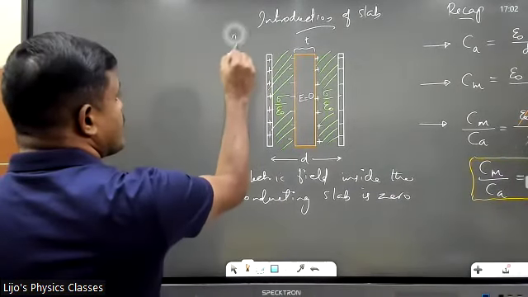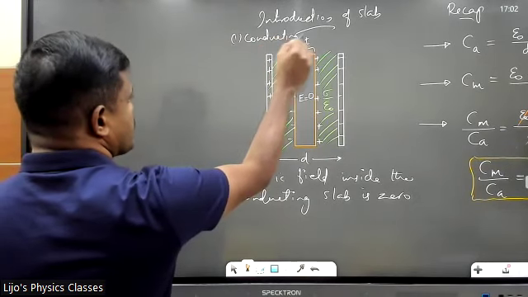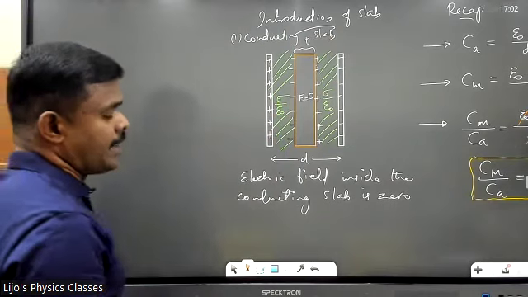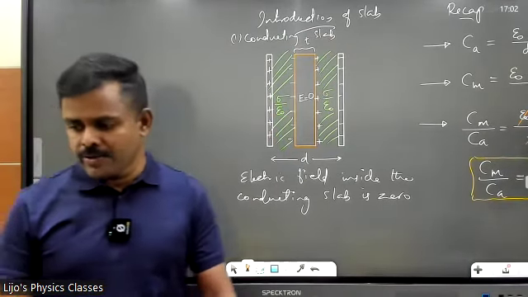Oh, I forgot to put conducting slab. It is in fact a conducting slab, like copper, iron, gold, silver. It is a conducting slab you have introduced.